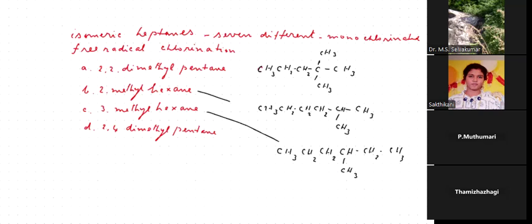And the fourth one, 2,4-dimethyl pentane. 1, 2, 3, 4, 5. In the 2 position, a methyl group, and in the 4th position, a methyl group.